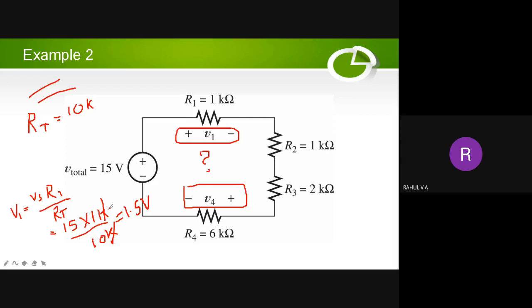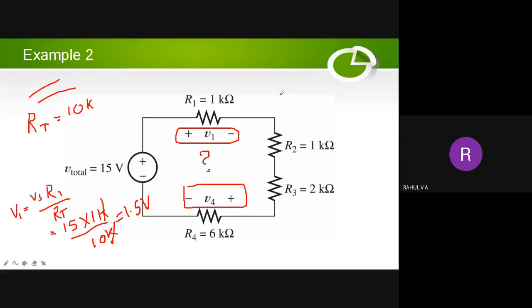What will be the voltage drop across R4? Now tell me what is the voltage drop across R4? Nine volt.